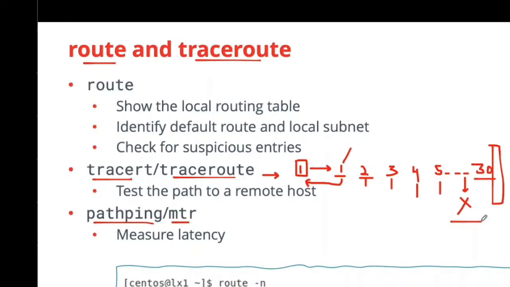We need to test the path to a remote host. That is where we use tracert or traceroute. Pathping measures the latency and the packet loss along the route over a long measuring period, and the same work is done by MTR.